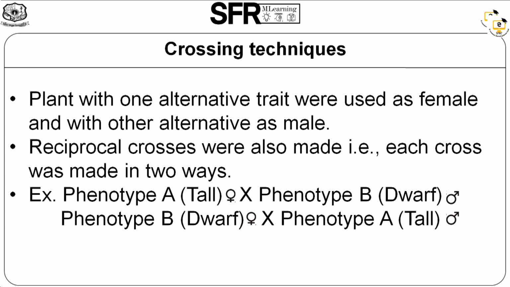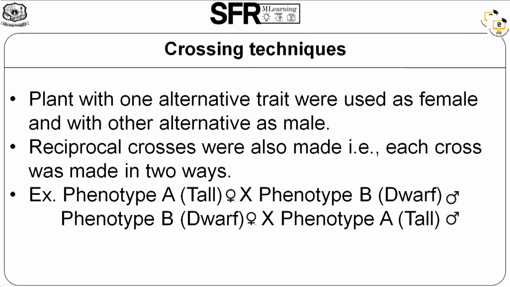He also did reciprocal crosses where each cross was made in two different ways. Consider a male tall plant, and to this a female dwarf plant is crossed. With the same tall and dwarf plants, it is reciprocated with a dwarf male and tall female.